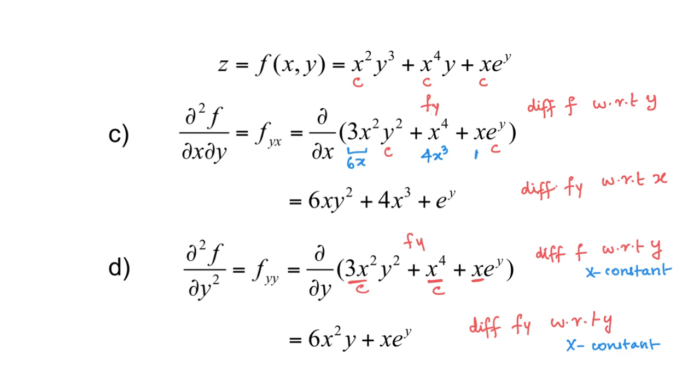So these are constants. So constant times derivative of the function. Derivative of y square is 2y. Then multiply, you will get this. This is a constant, so derivative is 0. This is constant times the derivative of this function with respect to y, that is just e power y.